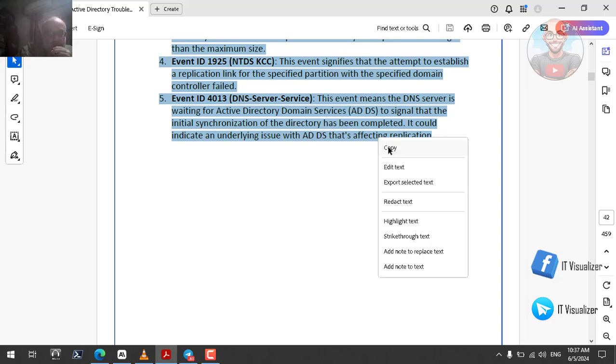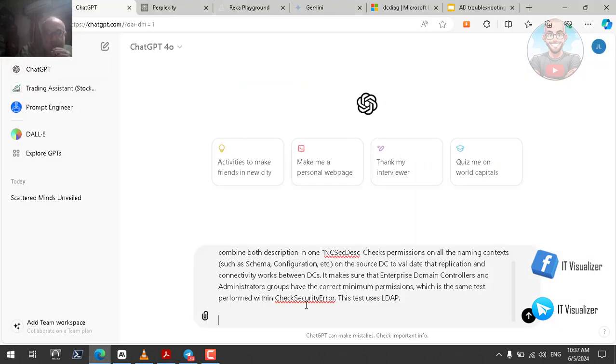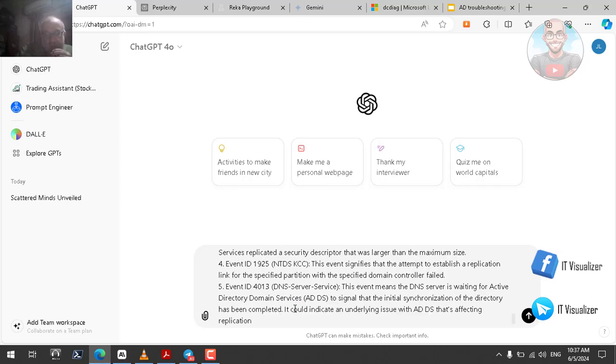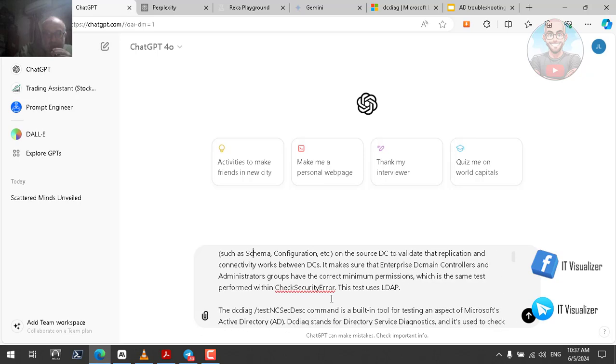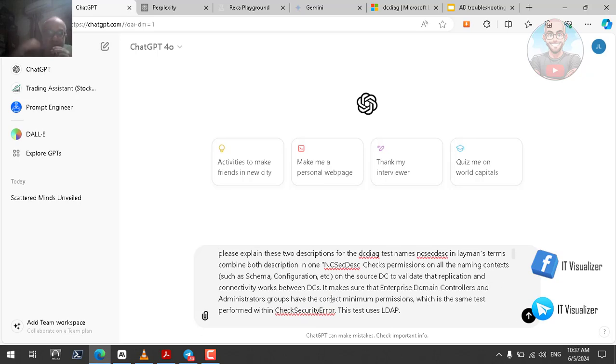So we can copy and then go there and put it to ChatGPT. Now we have the two answers. Now he can combine them both to give us one simple answer, explaining in layman terms, which means explain it to a non-technical person using non-technical terms. Let's see the answer.